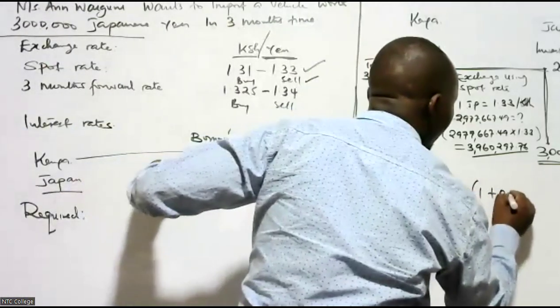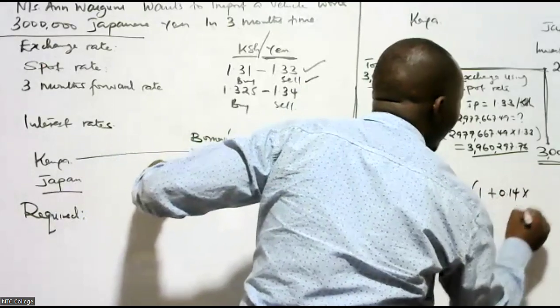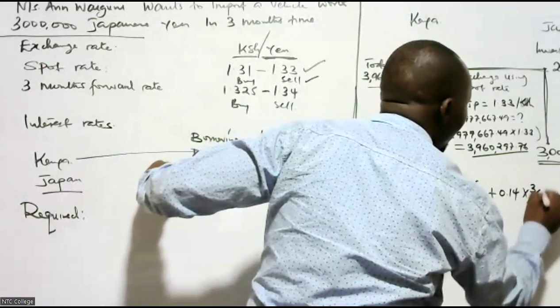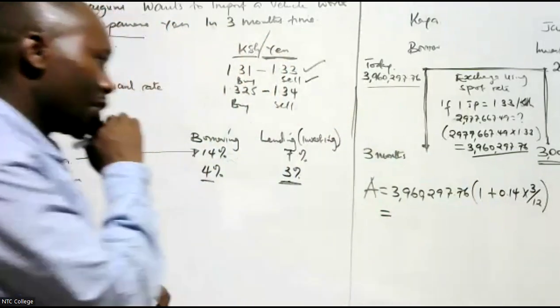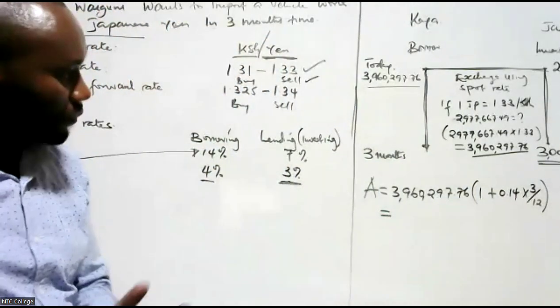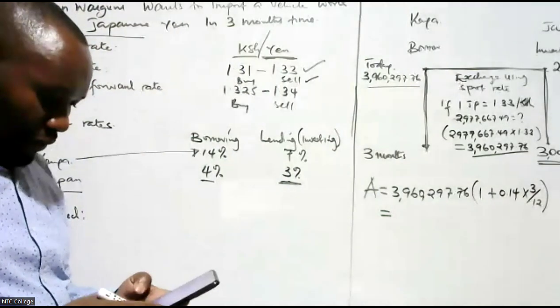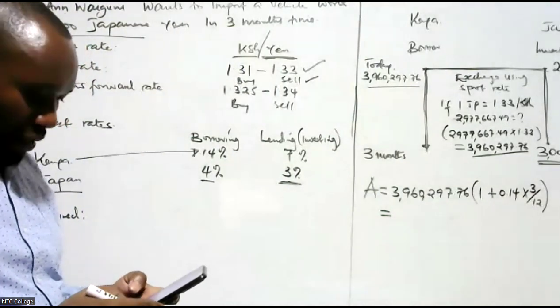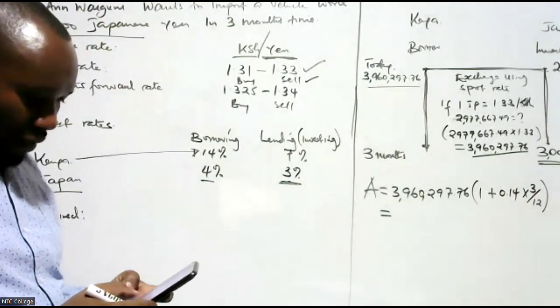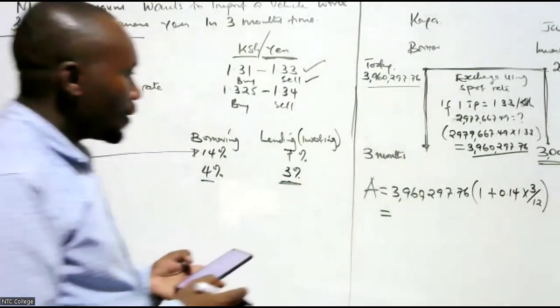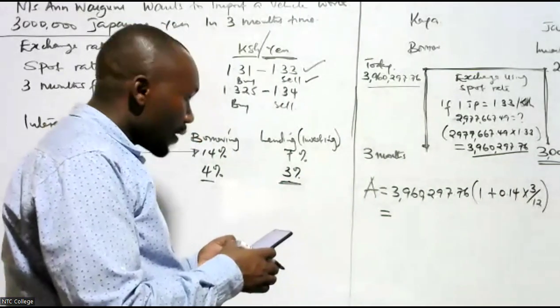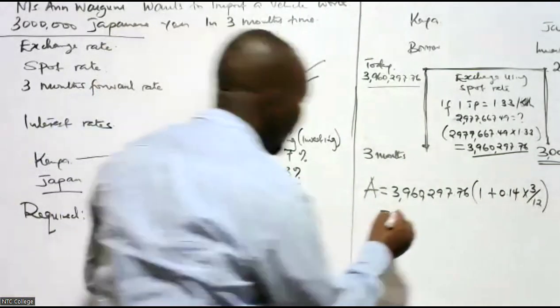So it is 0.14 times 3 months time all over 12. That is the amount that I'll pay. How much is it? So there we have 0.14 times 3 divided by 12 plus 1.